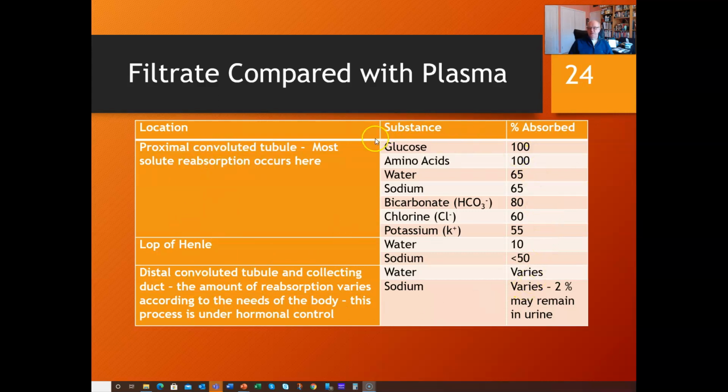So you need to know that glucose, amino acids, most of the water, most of the sodium, most of the bicarbonate, most of the chloride, most of the potassium are reabsorbed in the proximal convoluted tubule. We will spend quite a bit of time looking at the loop of Henle, but most reabsorption is in the proximal convoluted tubule, and don't forget that.